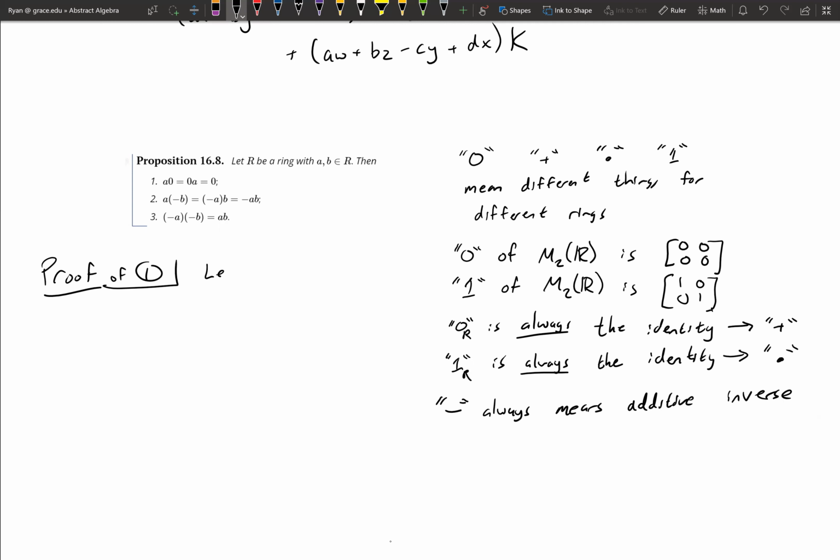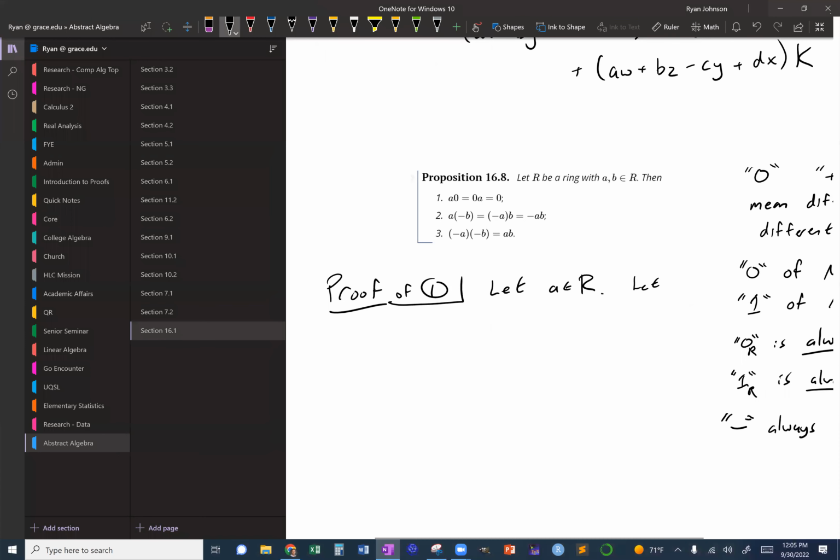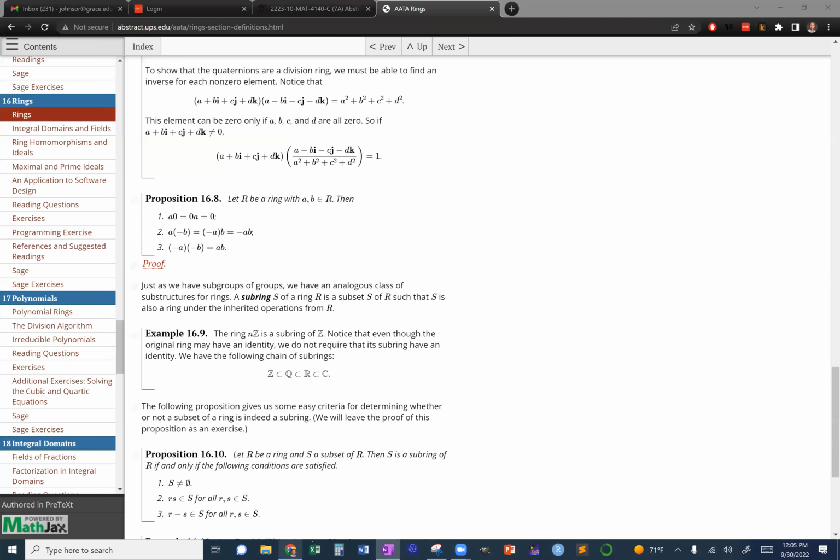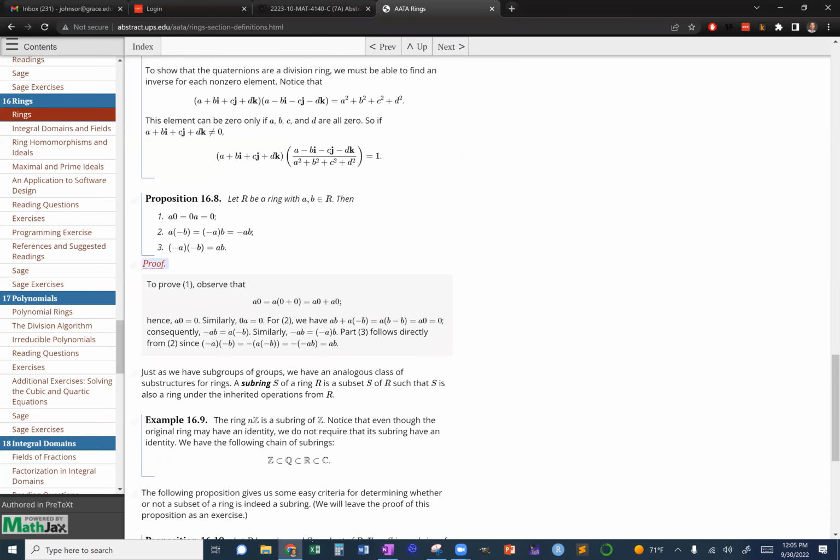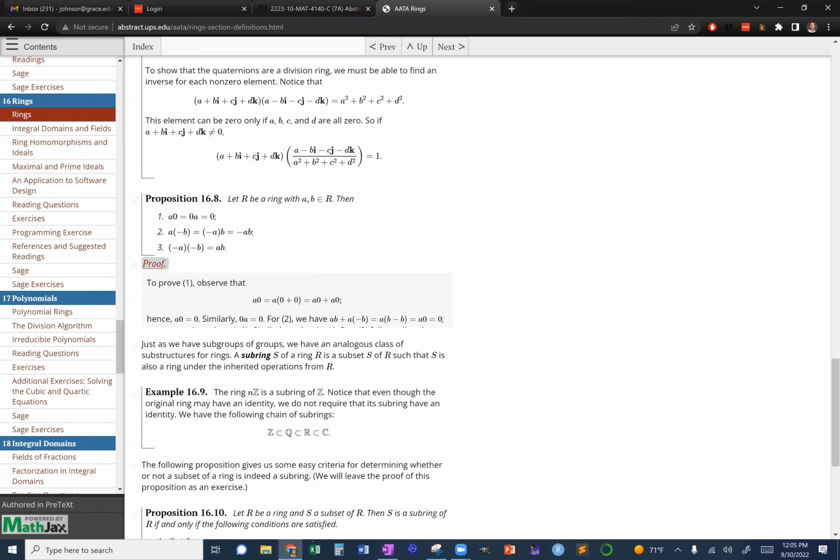So let A be an element of a ring. Okay. Then, let's see. The way these proofs work is that it's generally like a really short, cute thing.